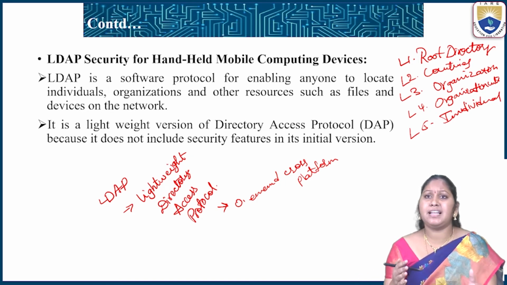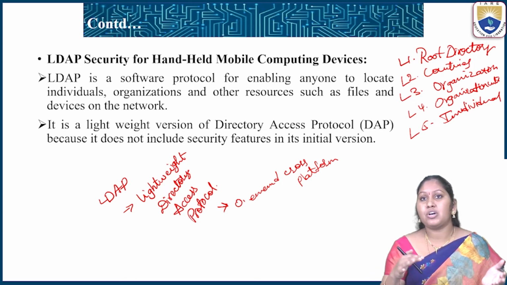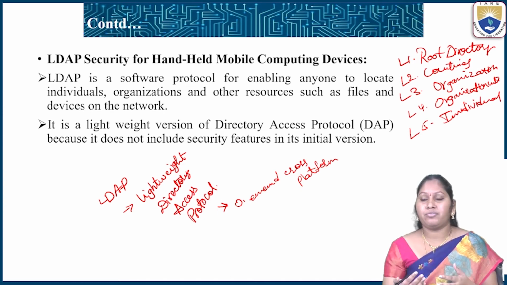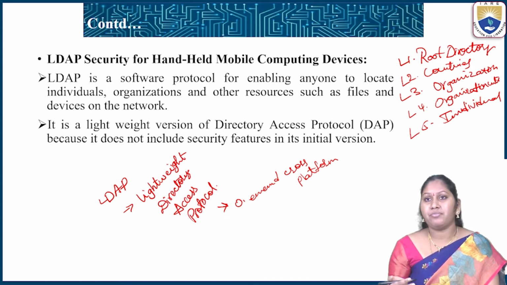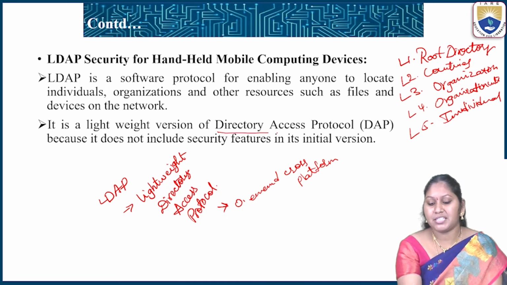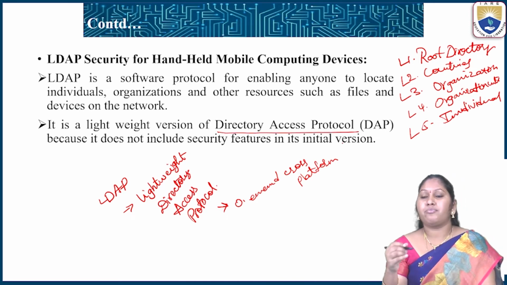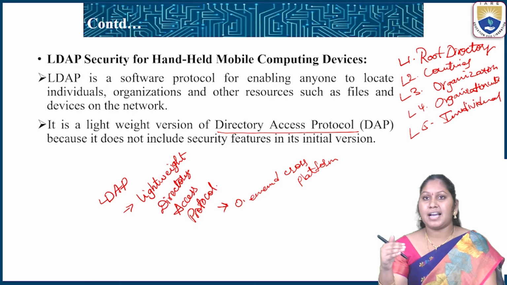So LDAP is a software protocol for enabling anyone to locate individuals, organizations, and other resources such as files and devices on the network. It is used to locate individuals at any point of time. It is a lightweight version of directory access protocol, so the LDAP has been extracted from the directory access protocol.